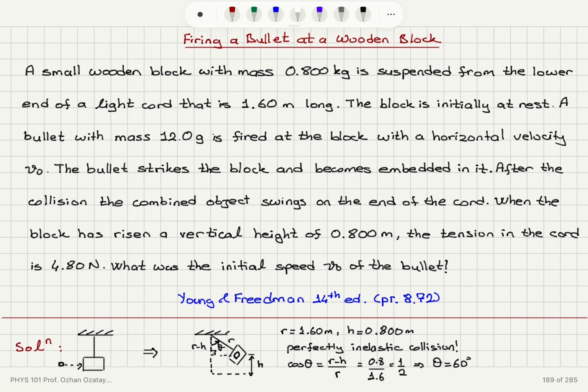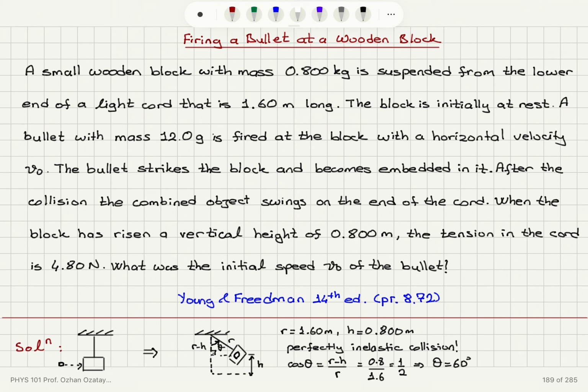Okay. So in this problem, we have a bullet that has an initial speed v0 in the i-hat direction, moving in the i-hat direction, hitting a wooden block, gets embedded in it. That's a perfectly inelastic collision. In perfectly inelastic collisions, linear momentum is conserved, kinetic energy is not conserved. It's inelastic, so there's energy lost during this process.